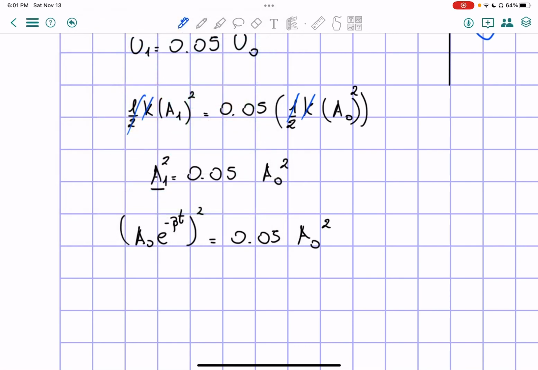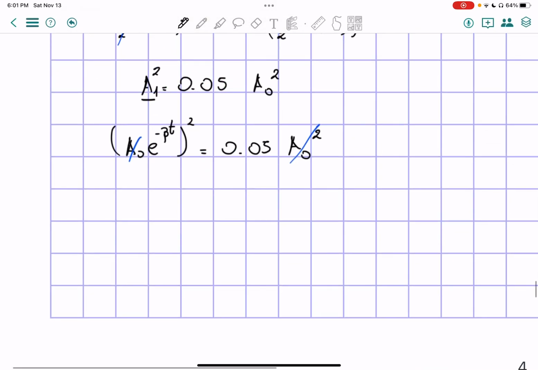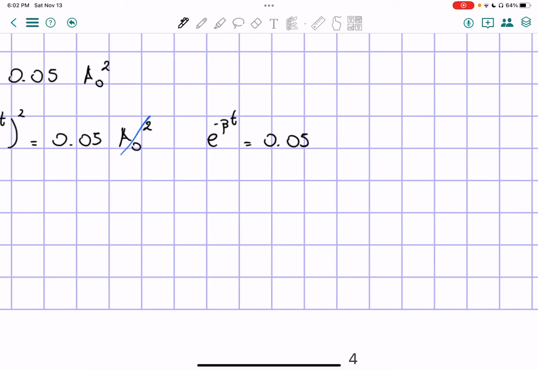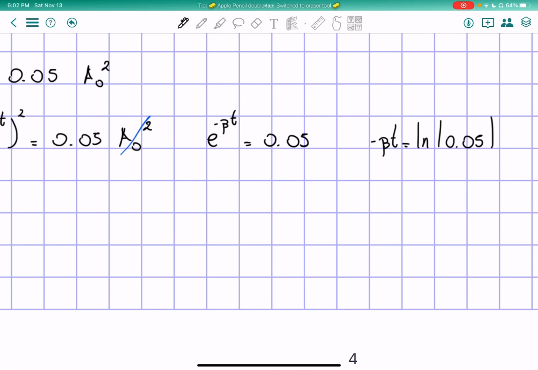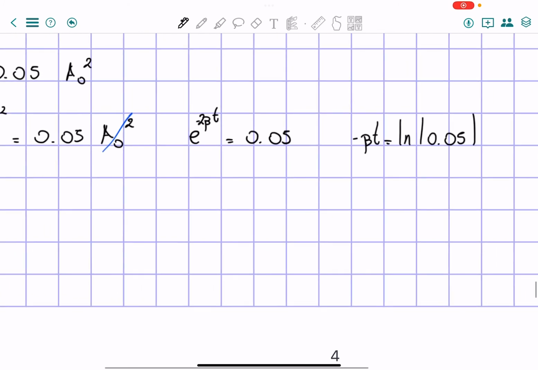And we can erase the A naught because they're on both sides. And we get that e to the power of negative beta t is equal to 0.05. So let's put the natural logarithm on both sides. We get negative beta t is equal to ln of 0.05. Oh, sorry, here, the 2 is still squared, so it's going to be 2 beta t.